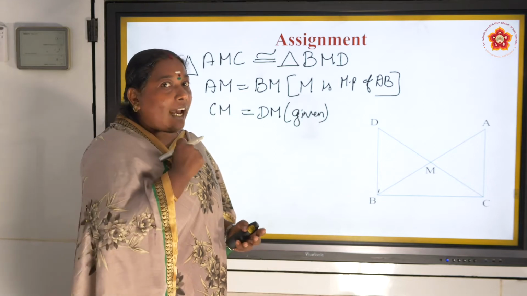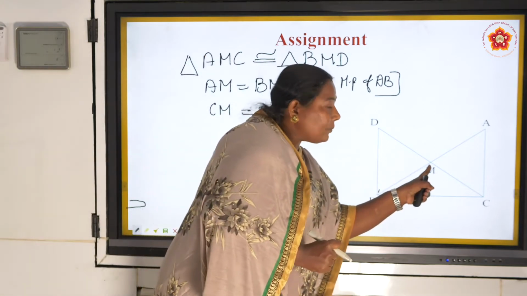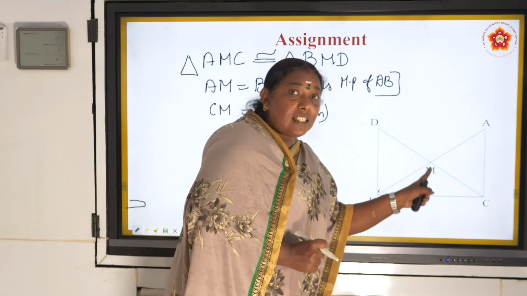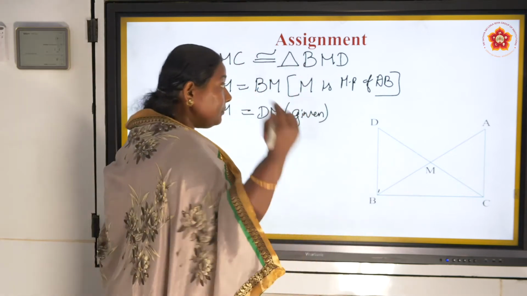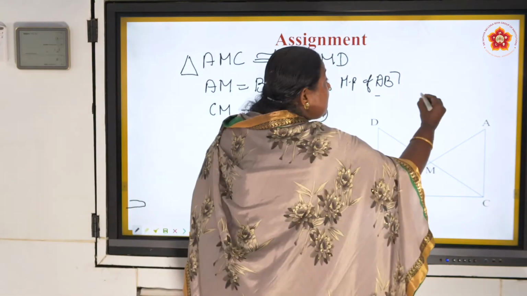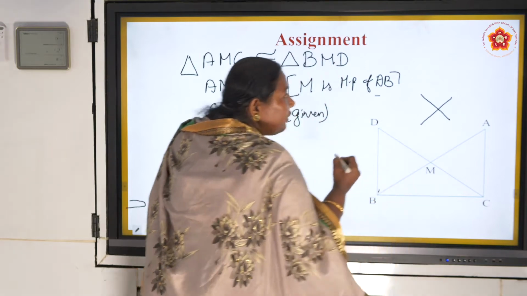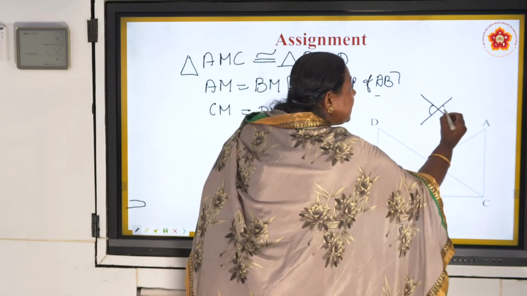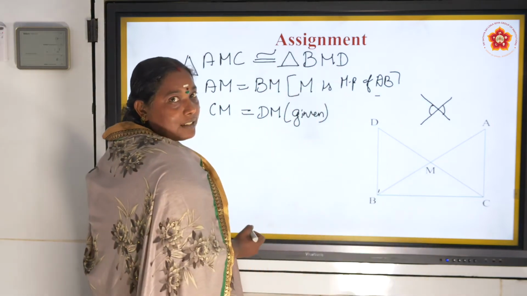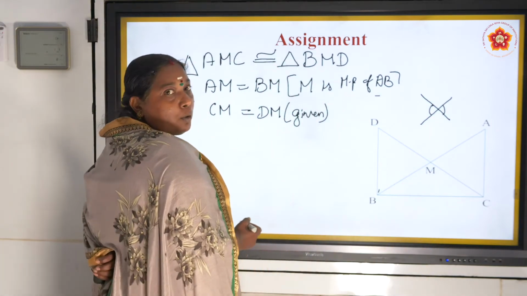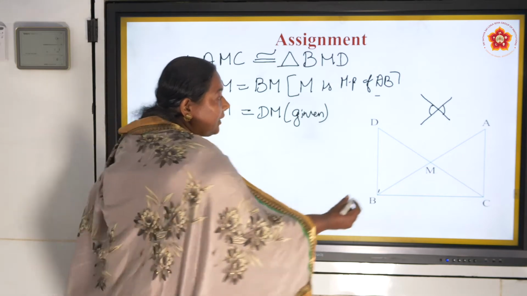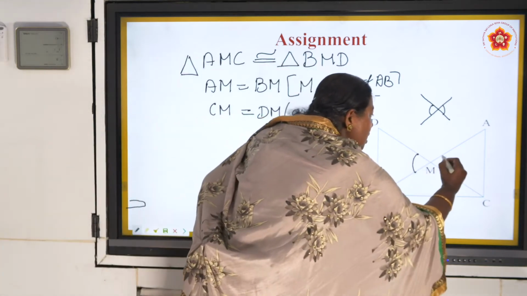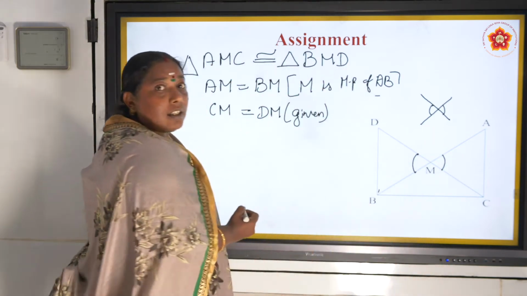So which has the connection? M, because M is the intersecting point. In the previous class we saw that we have vertically opposite angles, and these two angles are equal.